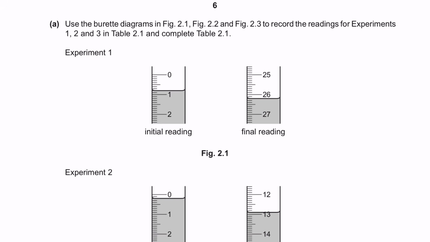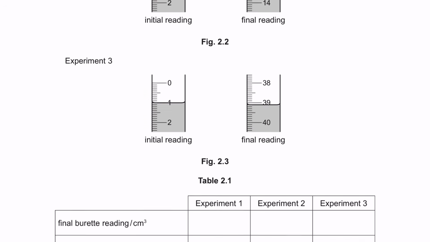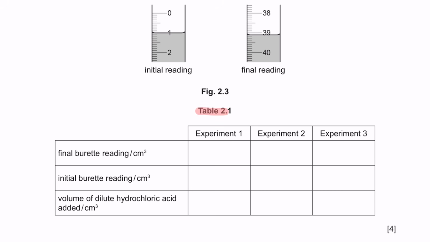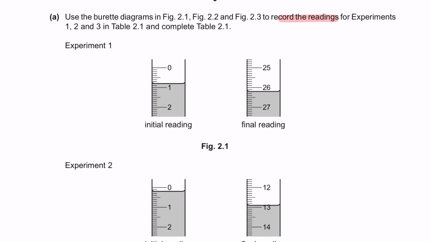Question part E. Use the burette diagrams in figures 2.1, 2.2 and 3 to record the readings for experiments 1, 2 and 3 in table 2.1 and complete the table. So here is table 2.1. So we need to measure the final and initial burette reading. The initial burette reading here is 0.8.